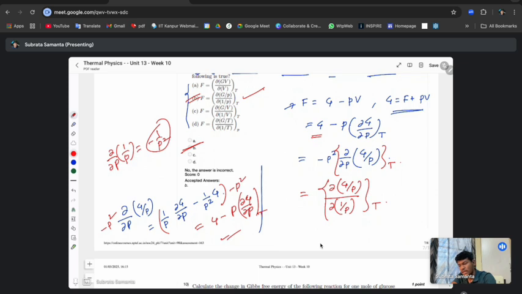Because del P of 1 over P is minus 1 over P square, so del 1 over P is basically minus P square del P. I think it's clear, right? Okay, any doubt?